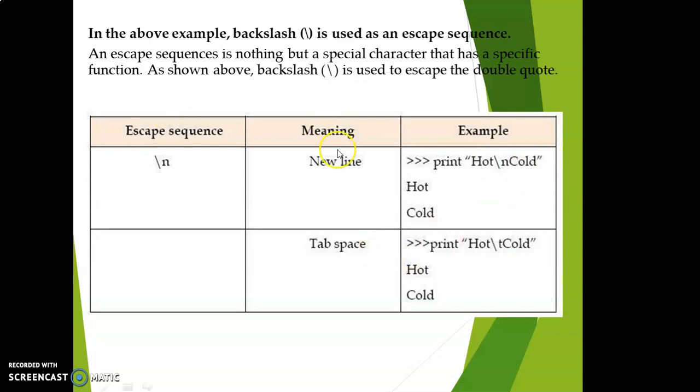So next is the tab space. Print hot slash t cold. Hot क्या कर रहा है? I have written slash t for tab. So hot and cold will be displayed with a space after hot. T for tab. You have seen the tab on your keyboard. Once you press that, it makes a space between the words.